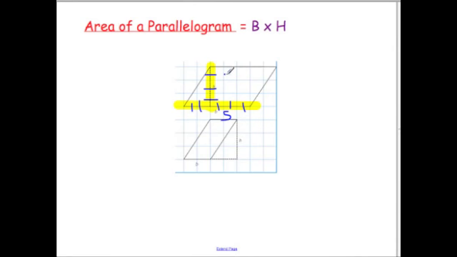So we can put in our 3. Now what we do is just multiply our base, which is 5, times our height, which is 3. We know that 5 times 3 is 15. So our answer would be 15. We don't put squared because we don't have a unit.